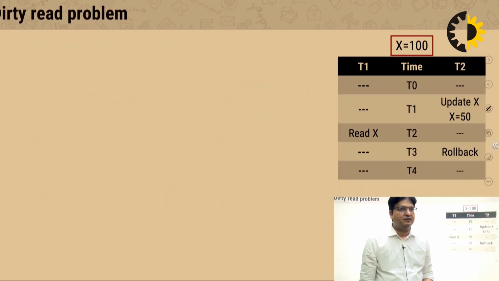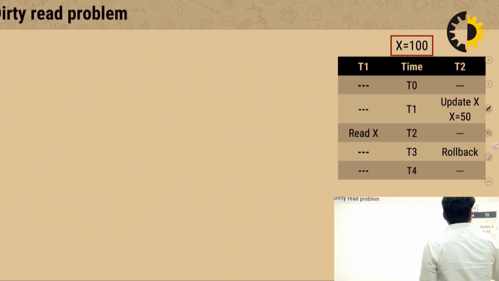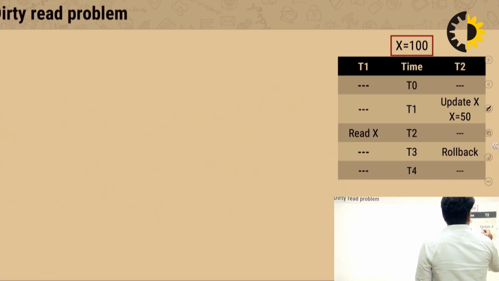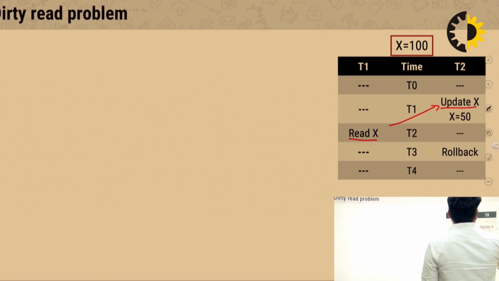Next is the dirty read problem. Here we are seeing that there are two transactions T1 and T2, and T2 is updating the value of X. Thereafter T1 is reading the value of X that was written by T2. Now after some time T2 fails.